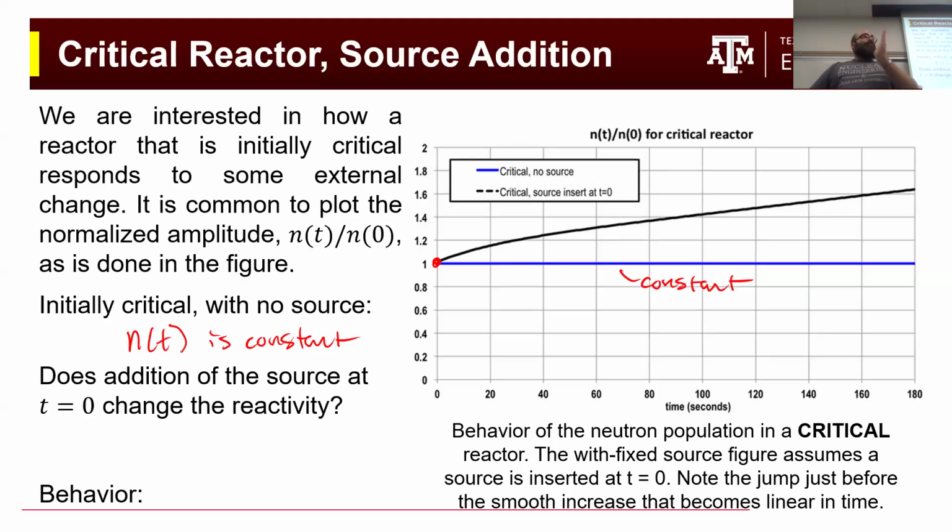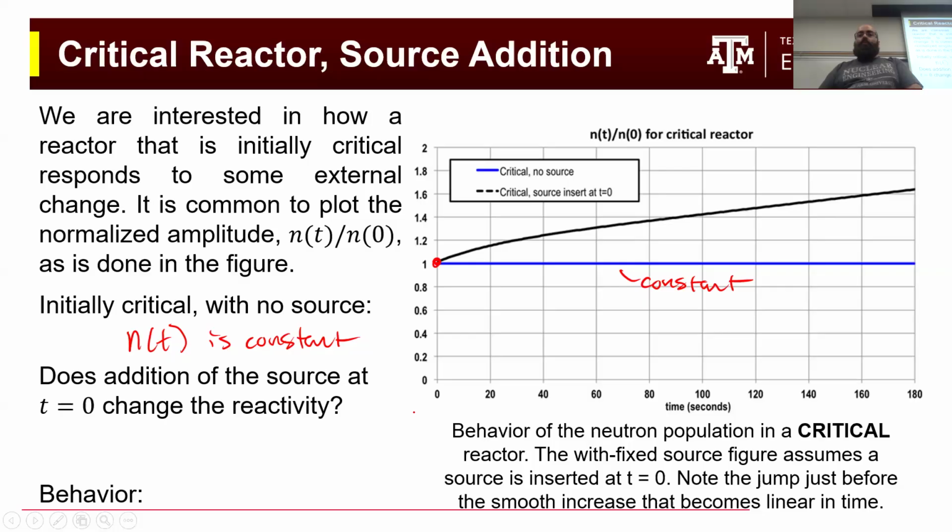And if at time 0 we add a source into the system, then notice that we increase a little bit quickly at the beginning, but then eventually we increase linearly, which was the argument that we were making before.